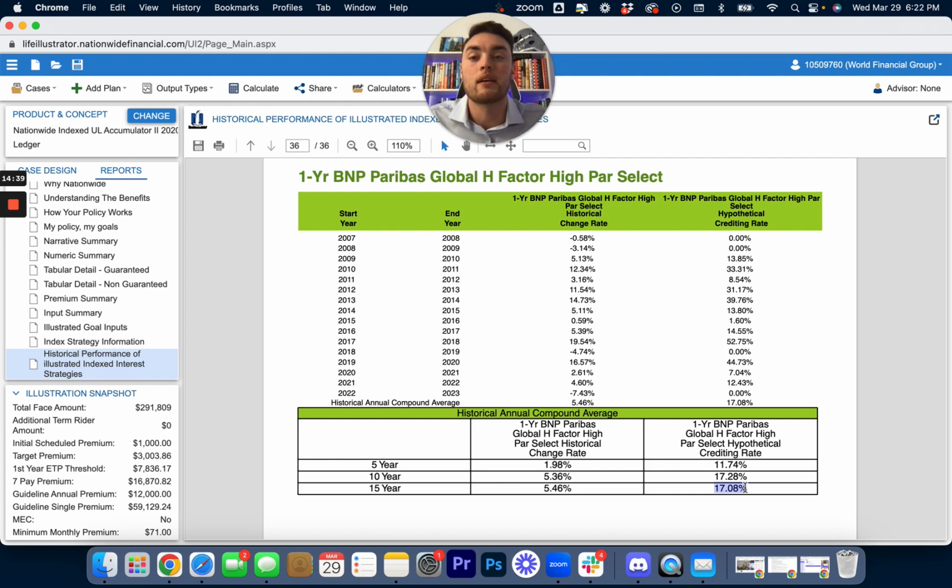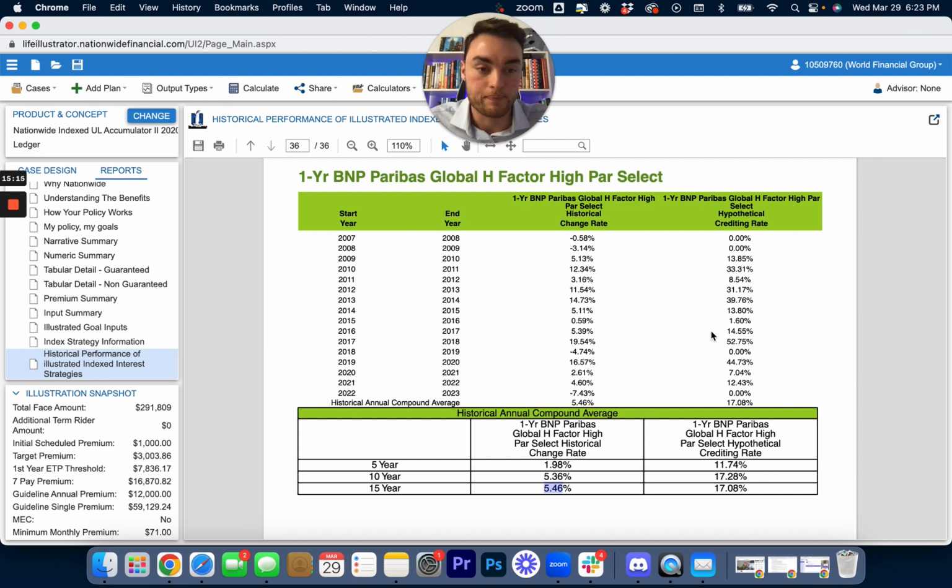So when I say individuals who have this specific IUL with me have the potential to earn 17.5%, that's just because that's what the 30-year historical average has been. But again, the index strategy itself is not tracking 17.5. As you can see, the index strategy itself is actually tracking 5.46. But after the insurance company comes in and adds that 2.7 times multiplier, that is the interest getting credited into the account.